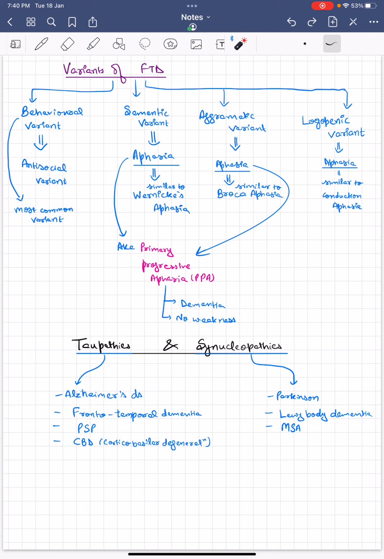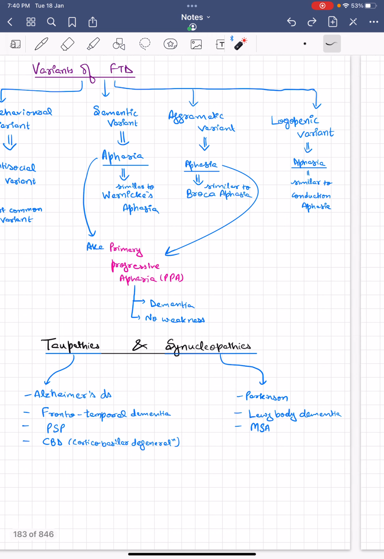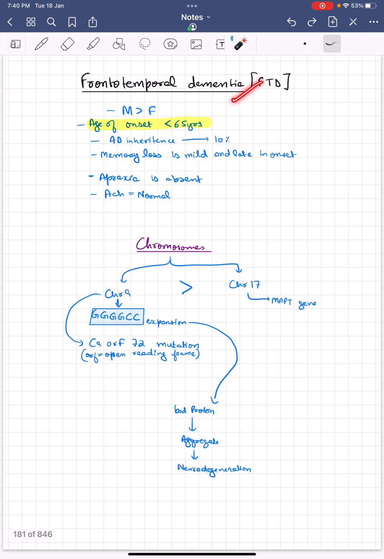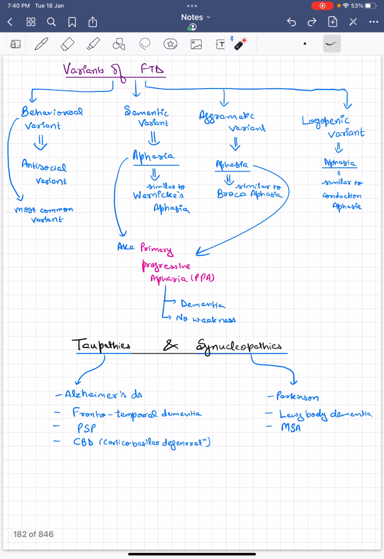There are different variants: semantic variant, agrammatic variant, logopenic variant. I don't think frontotemporal dementia is that important because I'm not going to remember any of this.